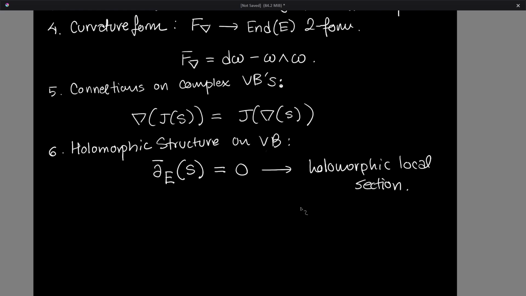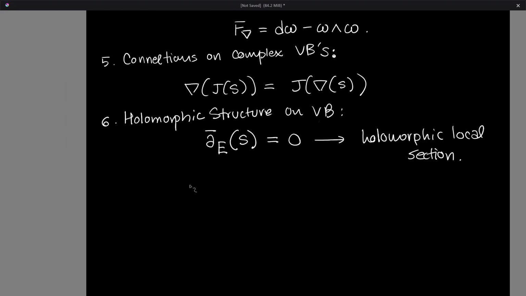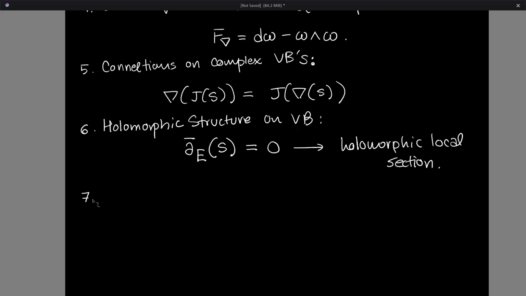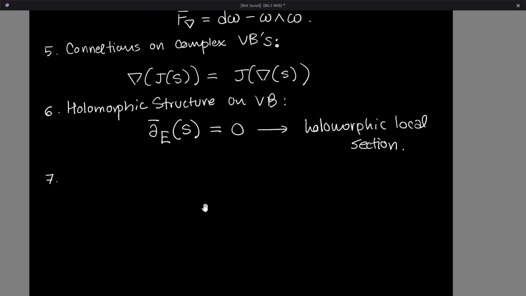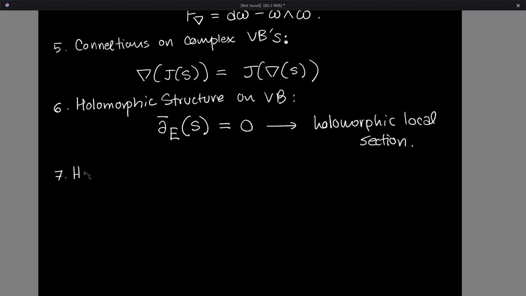And we used that idea to define a new kind of connection. Sorry, why am I writing 2? 7. I swear I can count. So with the holomorphic structure, we then defined a holomorphic connection.